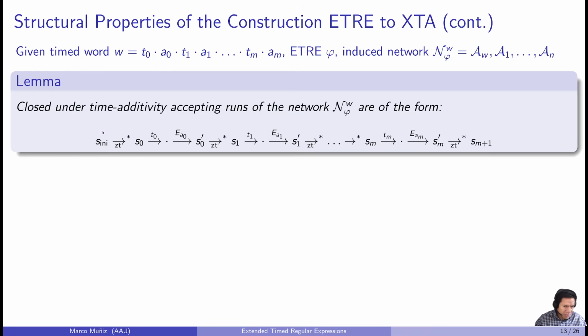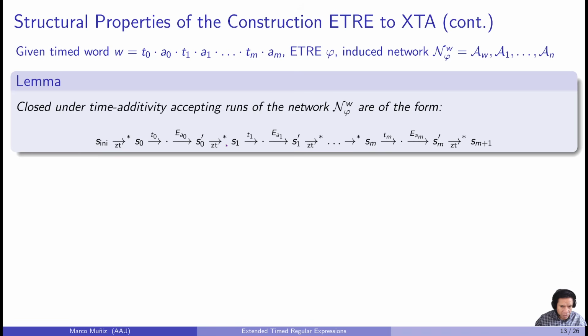First, we start from the initial state. Then there is going to be a number of interleavings in 0 time, meaning that some component is at an urgent location, so no delays. Then there is the first delay, the first duration, the first event synchronization.